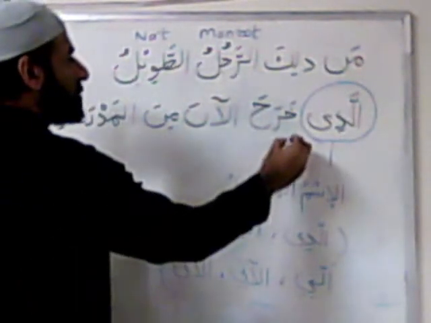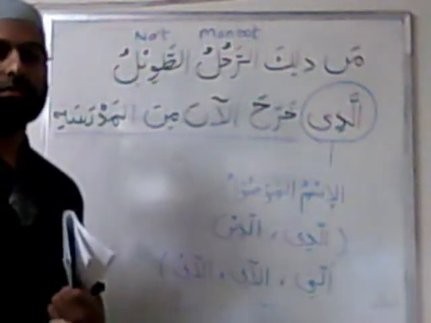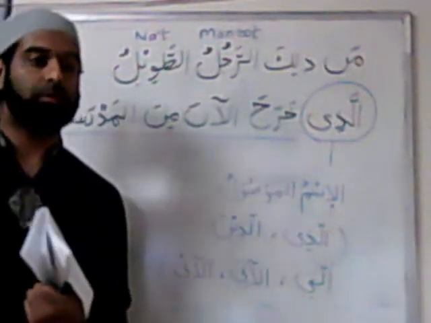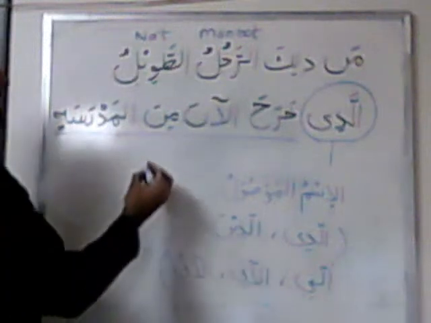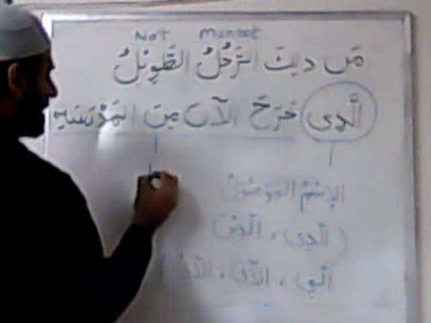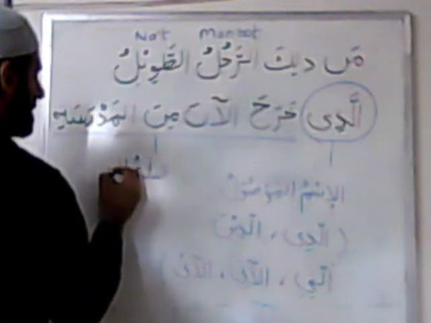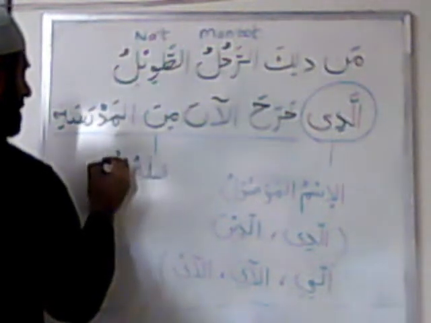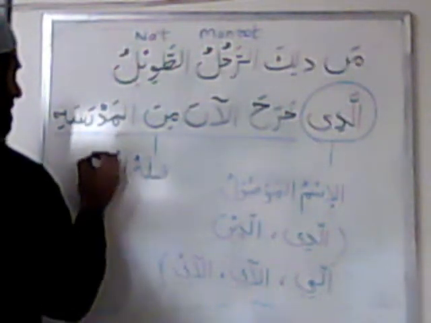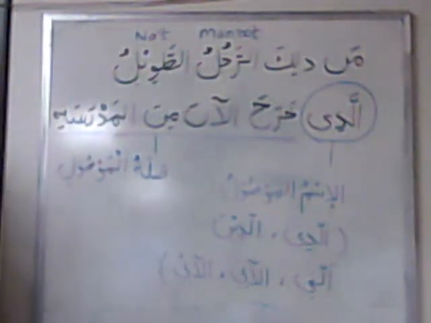Relative pronoun. Now, with the relative pronoun, you will always have something which gives more description of whom you're talking about. And this is called in Arabic silatul mawsul. Okay, we understand this concept here.